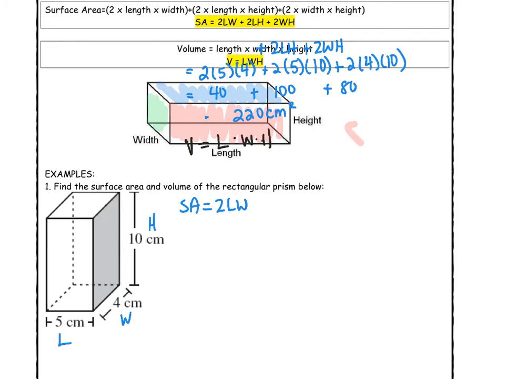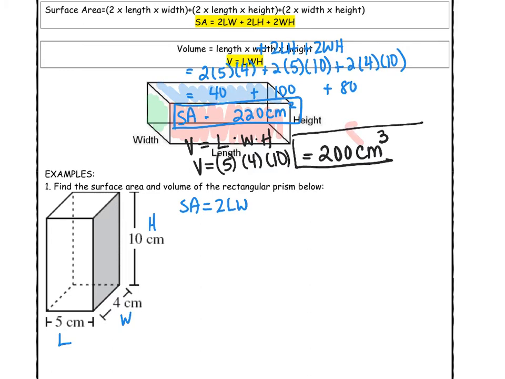Length times width times height. So it's simply 5 times 4 times 10, which gives you 200, and volume is always measured in centimeters cubed. So area has units squared, and volume always has units cubed.